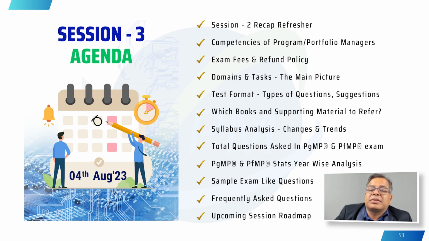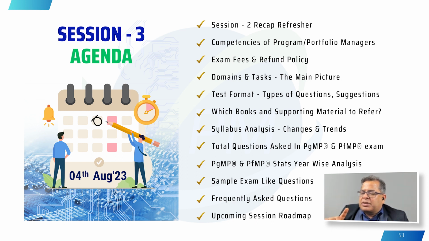Okay, you're asking about the PMI standard. So for the PfMP, you need the third edition of the Standard for Portfolio Management. As of now, this is July 2023, we are still using the third edition, while the fourth edition is available.